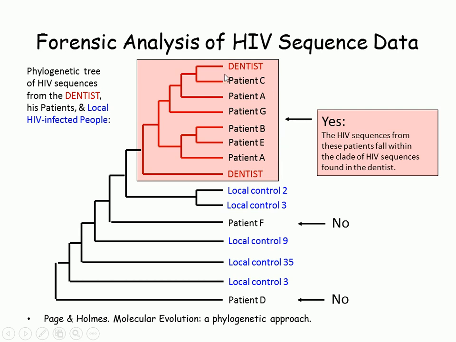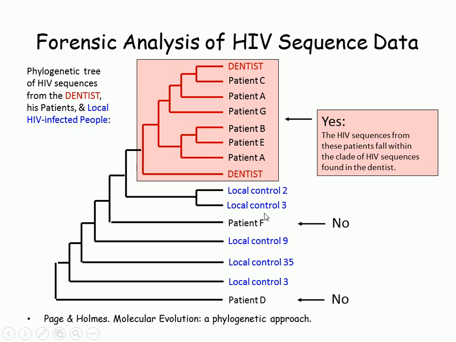I believe the Center of Infectious Diseases made a study where they sampled the HIV sequences from the dentist and some of his patients who had HIV and did not have HIV, and also sampled HIV patients from that local neighborhood who were not that dentist's patients. They saw that the dentist's patients clustered together, whereas HIV positive patients not related to the dentist were clustered separately.